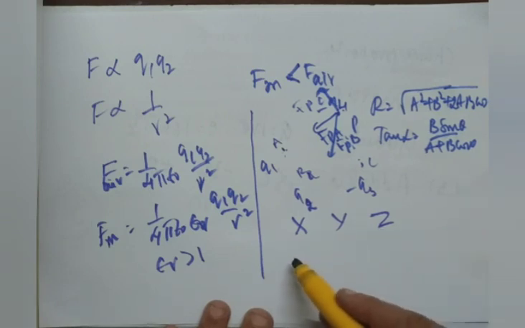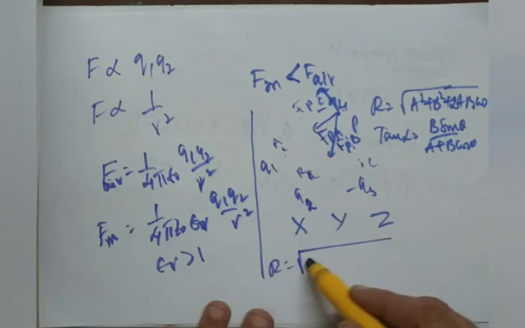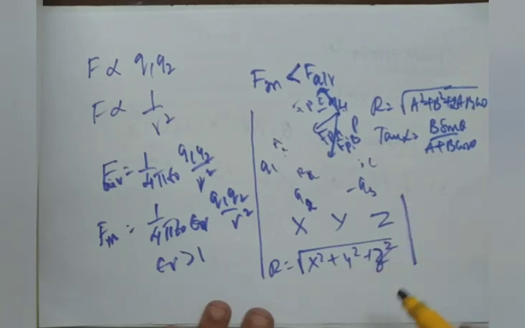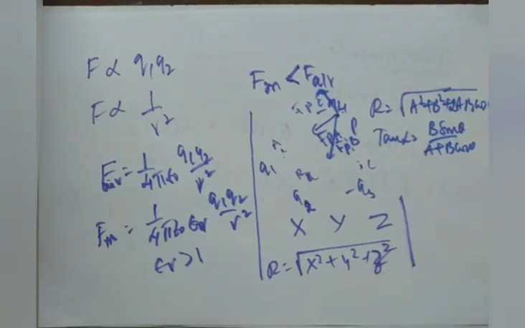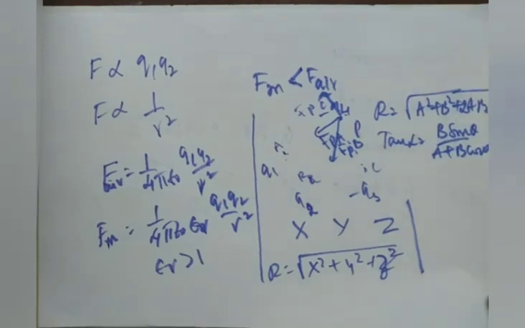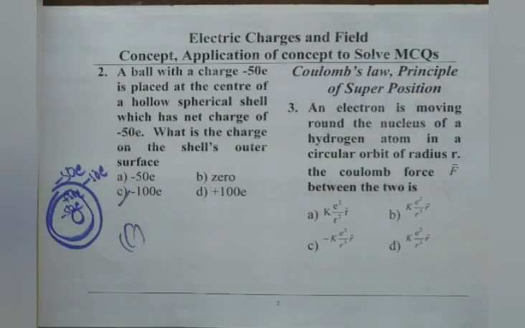Then take the resultant as root of x square plus y square plus z square. Usually we do only for two variables, so x square plus y square will do. With this, once we learn how to apply the principle of superposition, we try to solve a few examples now as MCQs.